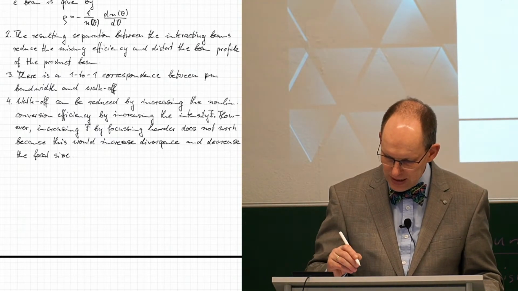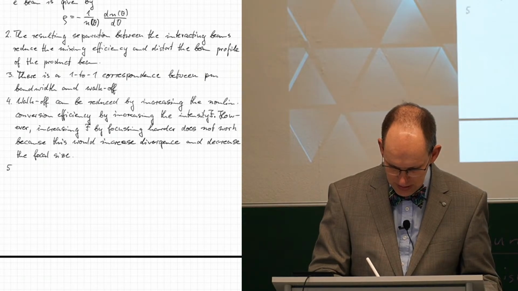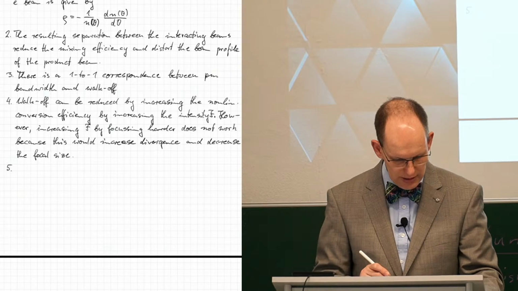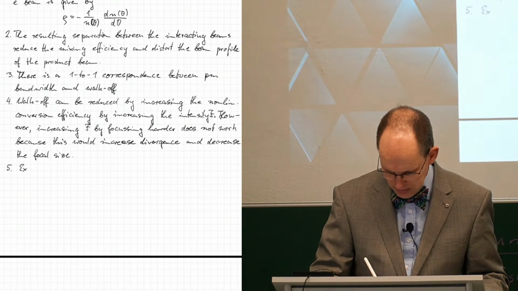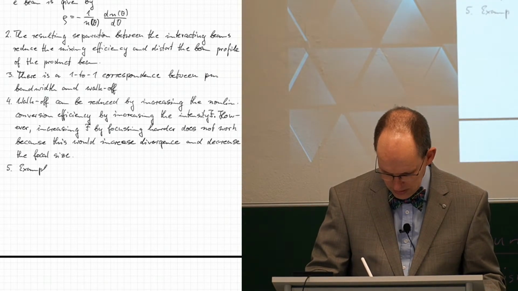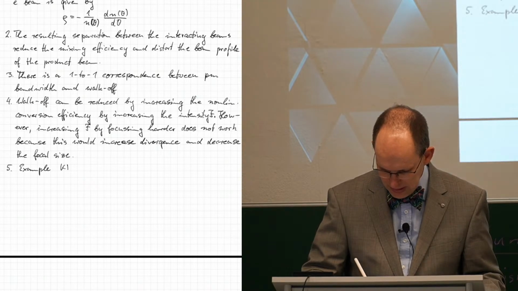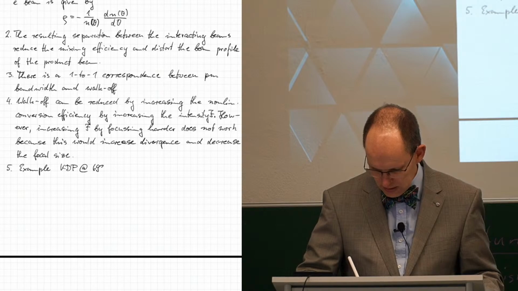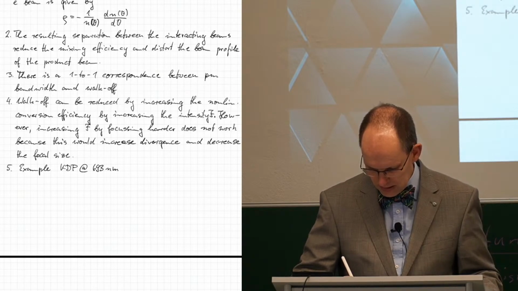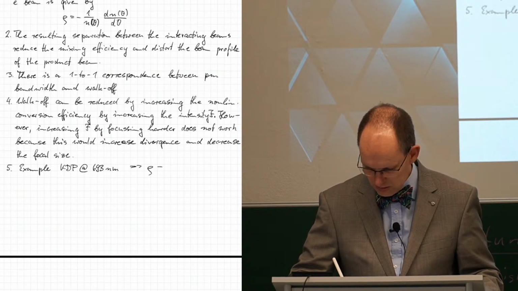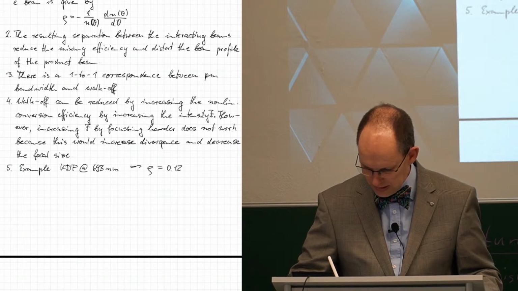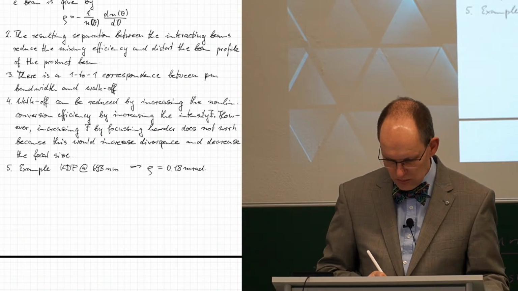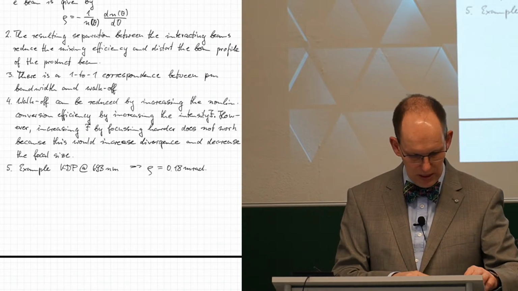What one finds for birefringent crystals is typically a few tenths of a milliradian. So for KDP at 693 nanometers, rho is equal to 0.18 milliradian. It looks very small, but it can actually make a problem.